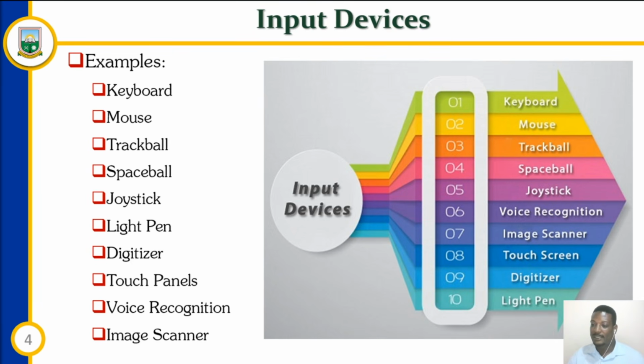The data normally entered into the computer through the keyboard is done by pressing a set of keys. Most keyboards that have a total of 101 keys are normally termed QWERTY keyboards.